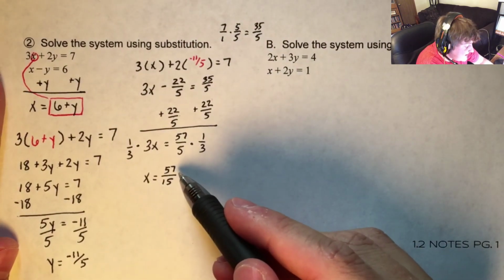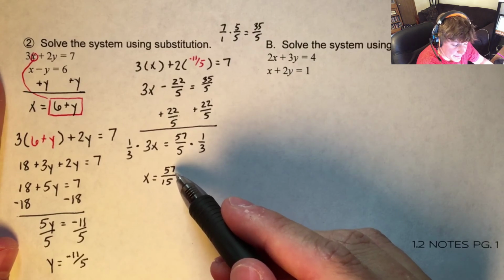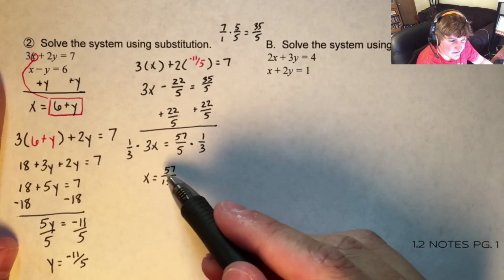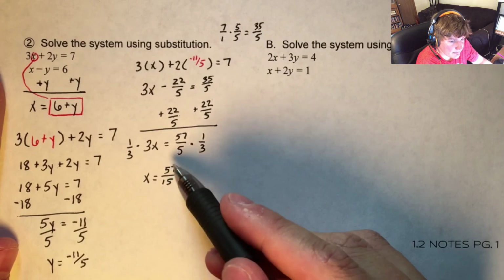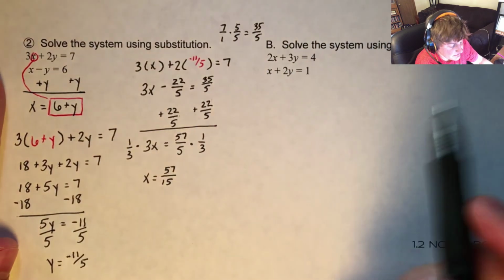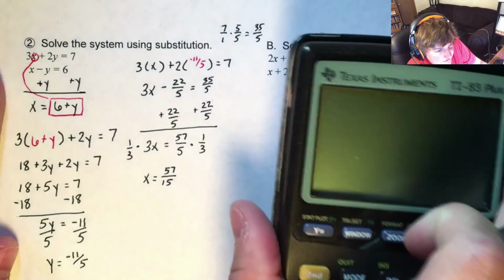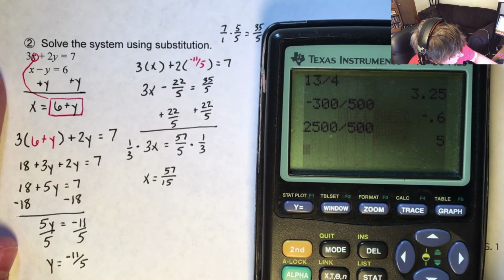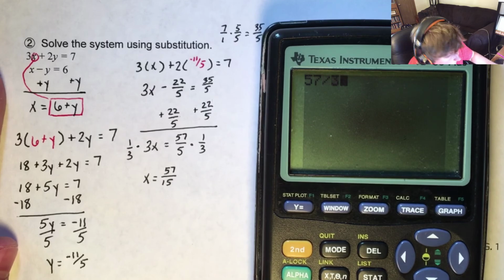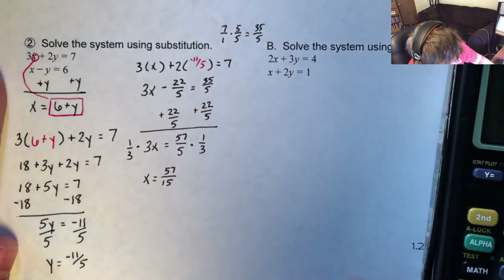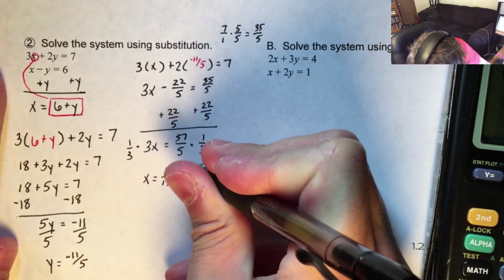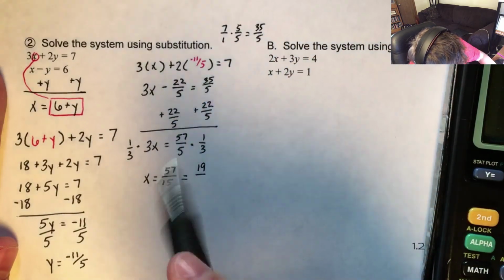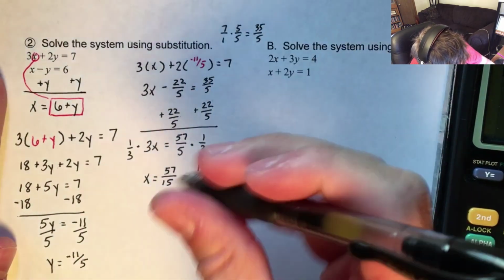I know that 60 divides by 3, and 57 is just 3 less than that. So I'm pretty sure that this fraction can be simplified. So let's go ahead and take 57 and divide it by 3. And I get 19 over, and then 15 divided by 3 is 5.